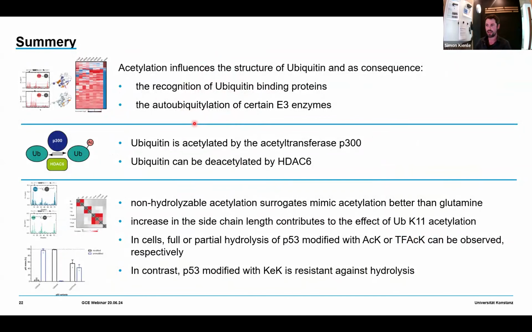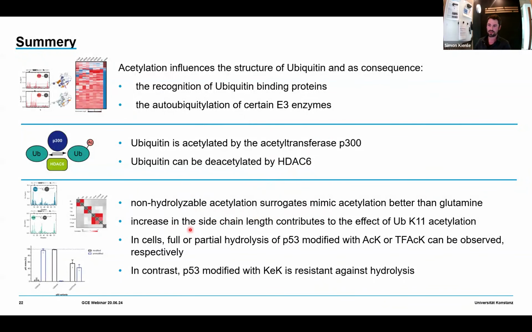Moreover, we could add P300 and HDAC6 to the picture of ubiquitin acetylation as acetyltransferase and deacetylase respectively. And I hope I could also show you that only non-hydrolyzable analogs of acetyllysine are properly able to mimic acetylation, and that glutamine is just fully able to mimic all aspects of acetylation.